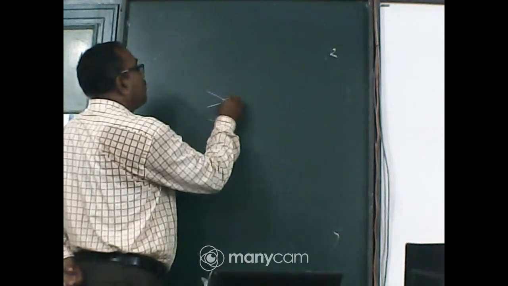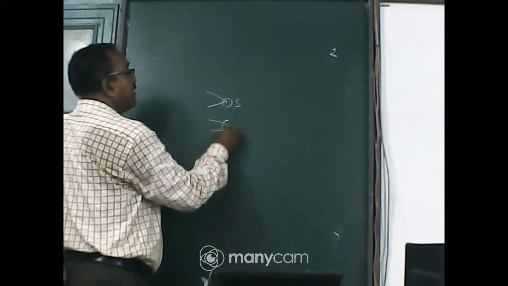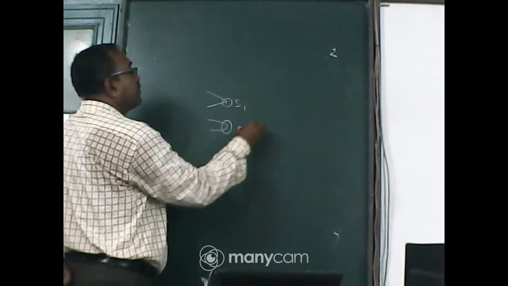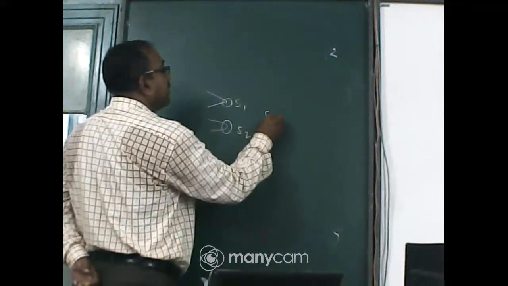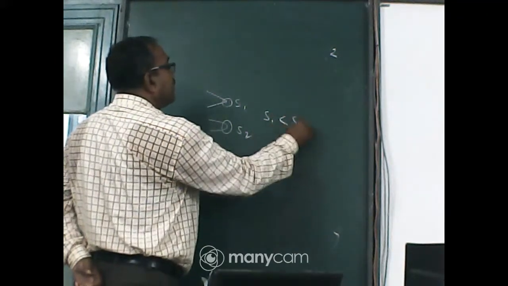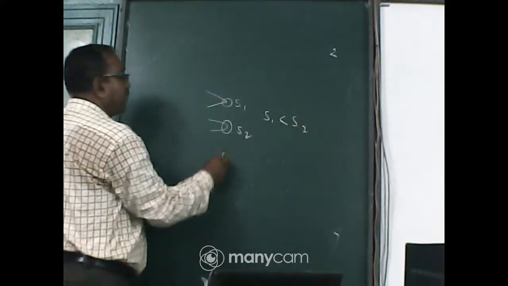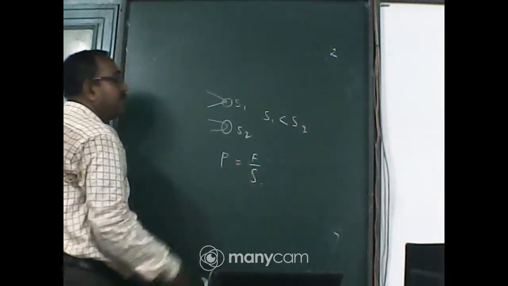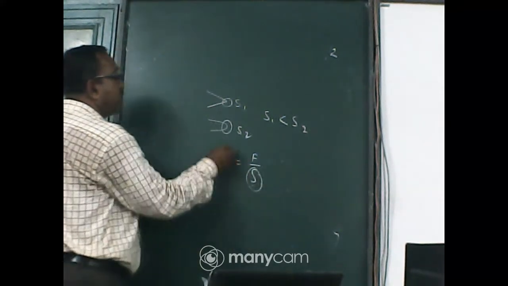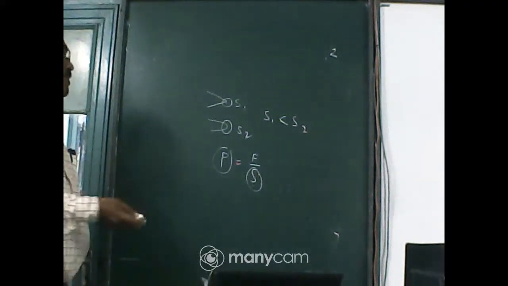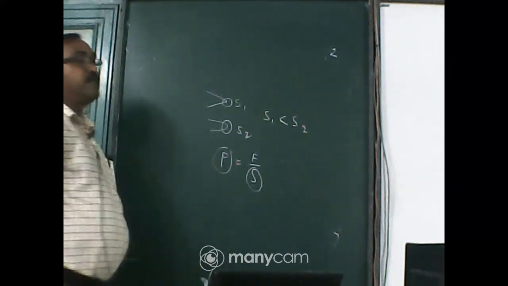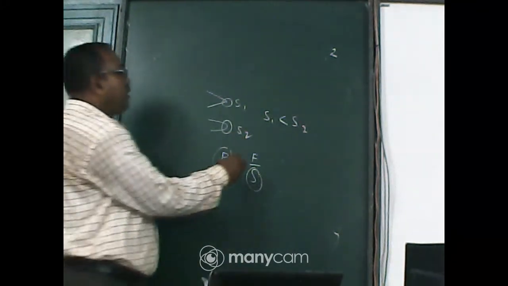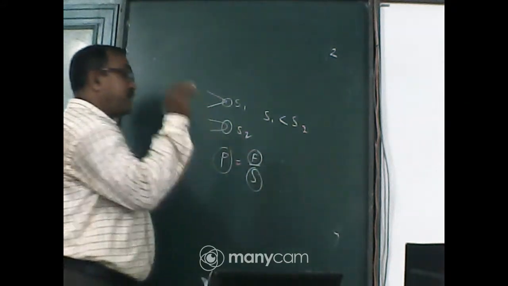Because you know it, the surface area is less here, the surface area is more there. Pressure equals force by area. If surface area is more, then the pressure is less. If surface area is less, then the pressure is more. So you use the force on it.